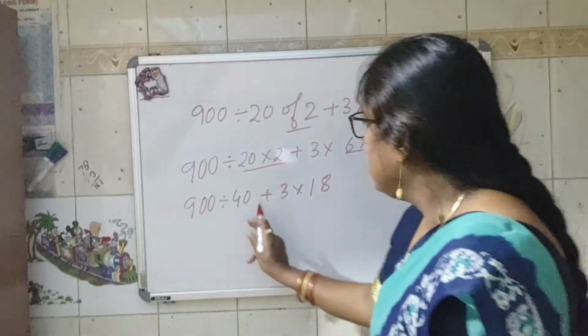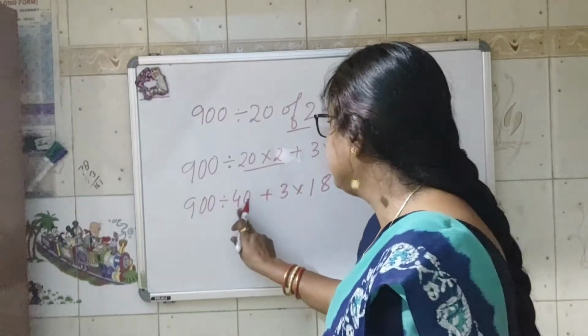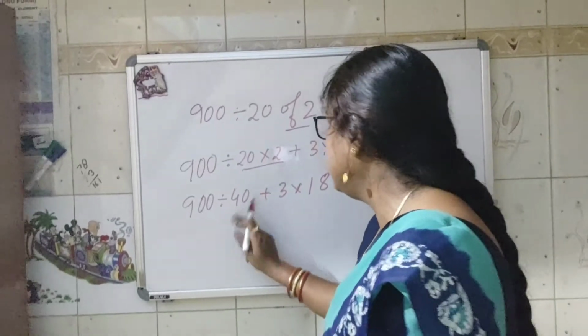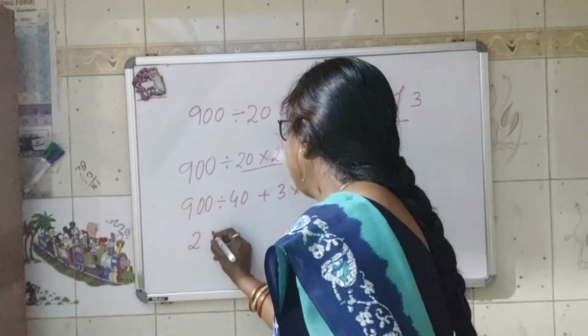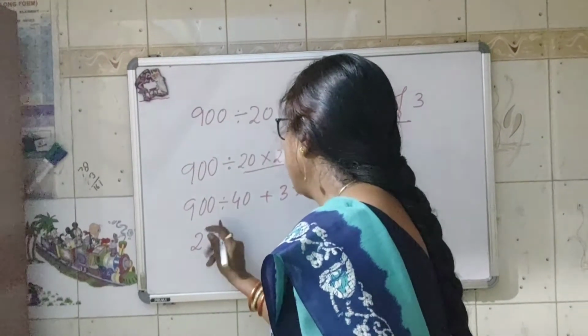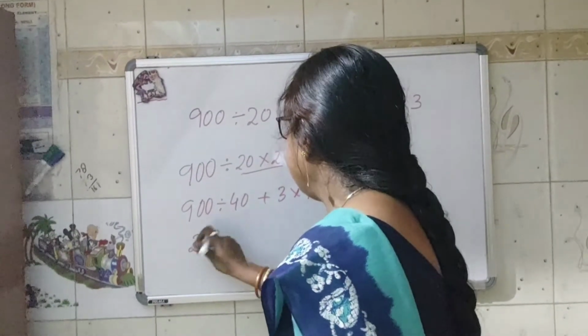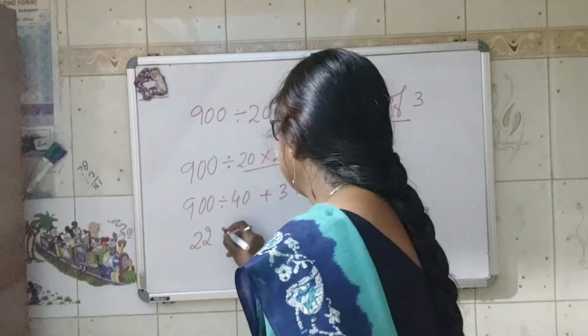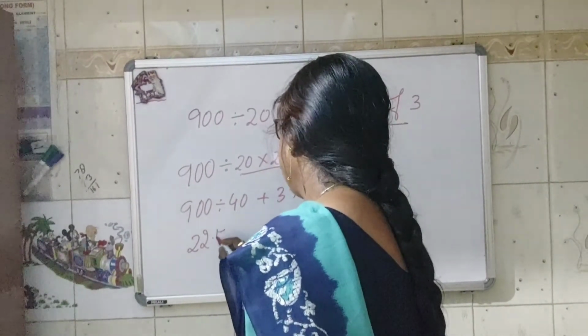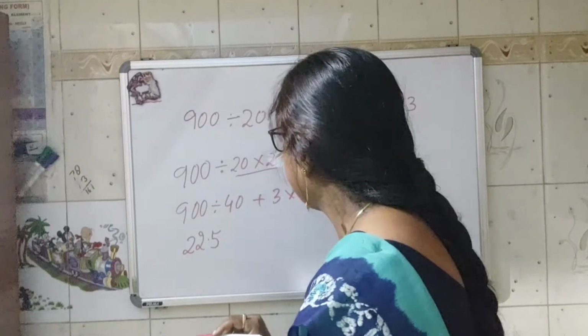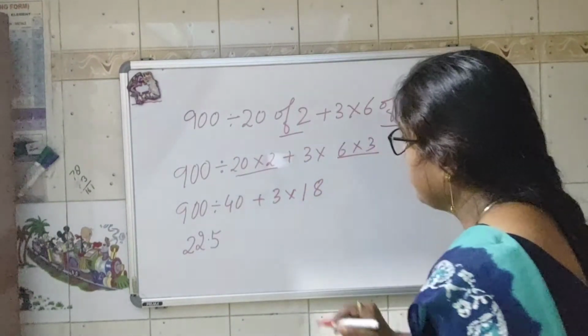Okay. Now 900 divided by 40, a 0 will be cancelled here. So when we divide 90 by 4, 4 twos are 8, then 4 fives are 20. So it comes to 22.5.